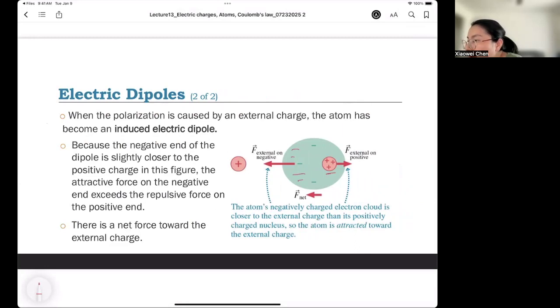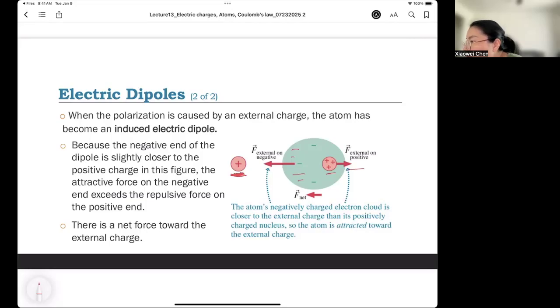The negative end of the dipole is slightly closer to the positive charge in this figure. The attractive force on the negative end exceeds the repulsive force on the positive end, because this is the external positive charge.